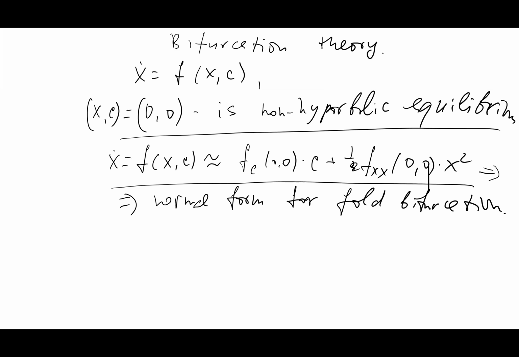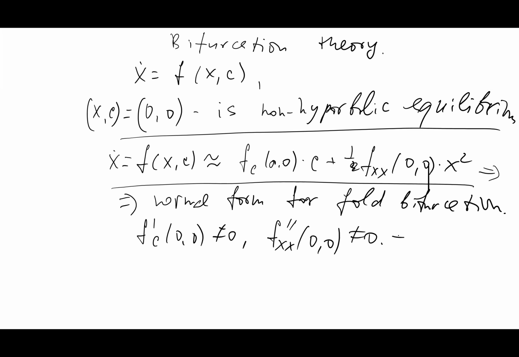Again, everything was fine, but in our analysis, we were presuming that we can come to this second order approximation, which means that the derivative over c at 0, 0 is not 0, and the second derivative over x at 0, 0 is also non-zero.